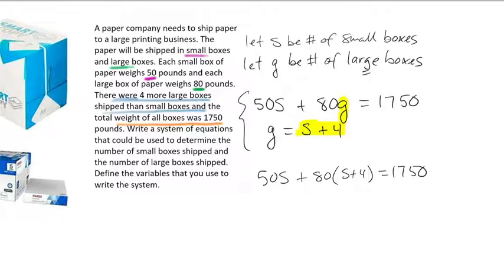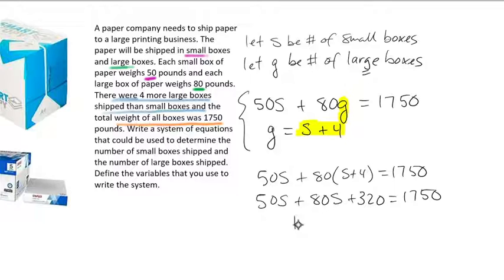If I distribute, I've got 50S plus 80S plus 4 times 80. 4 times 8 is 32, so plus 320 equals 1,750 pounds. If I take away 320 from both sides, I've got 1,750 pounds minus 320 pounds.